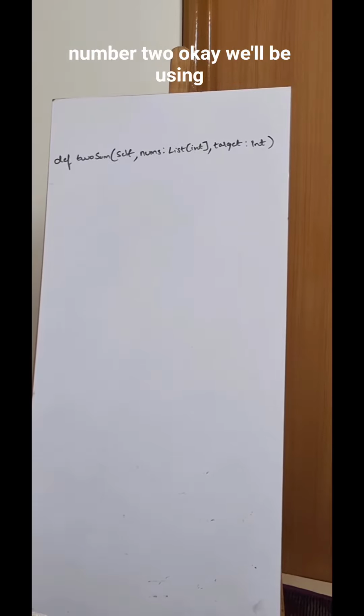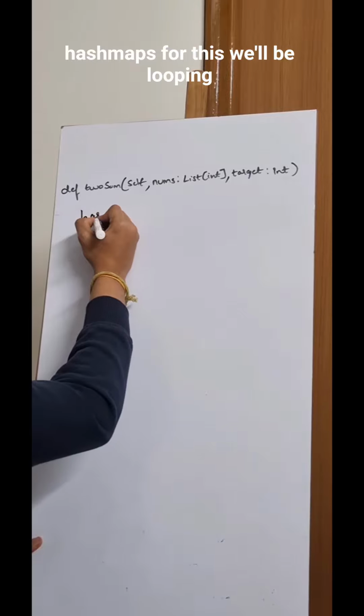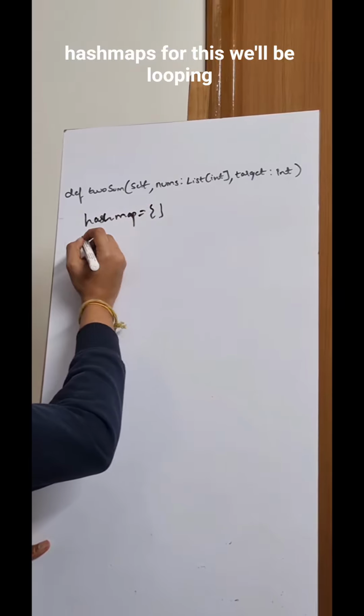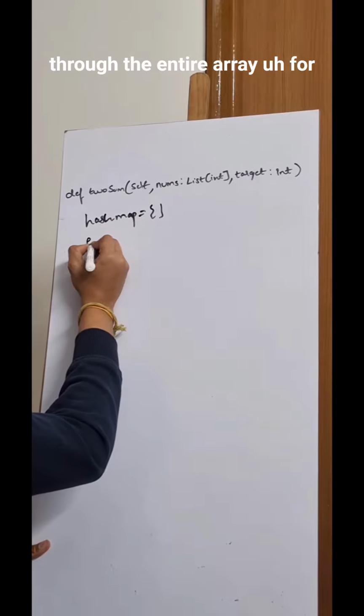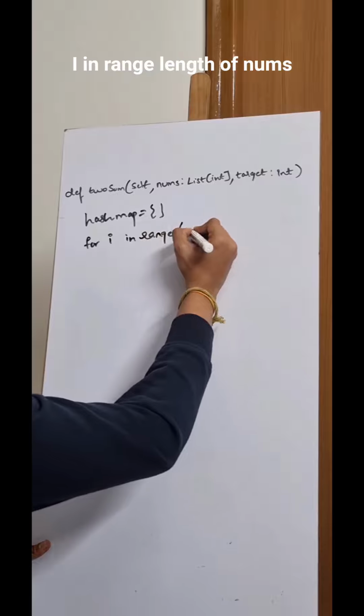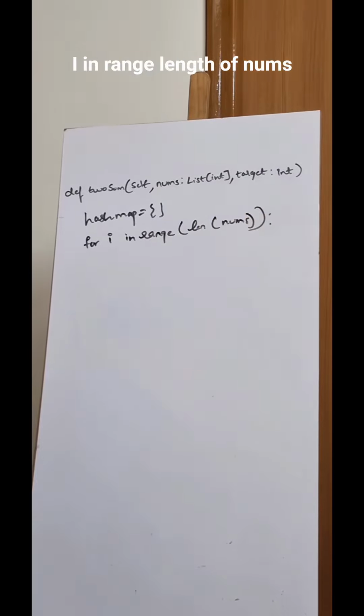Your approach number two, okay, we'll be using hash maps for this. We'll be looping through the entire array, for i in range length of nums, right?